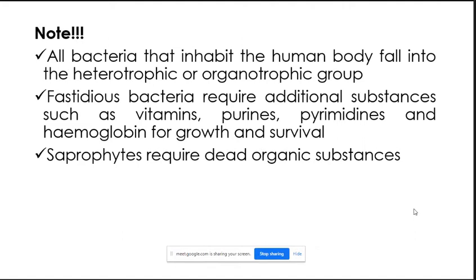Anyone? Except Domingo or except Dexter. You can unmute for a while just to make your answer. Ano ba yung ano natin ng heterotrophic or organotrophic group? Who can explain this?